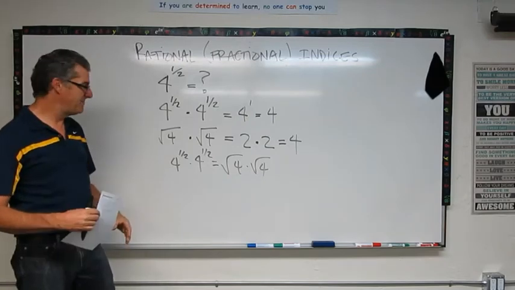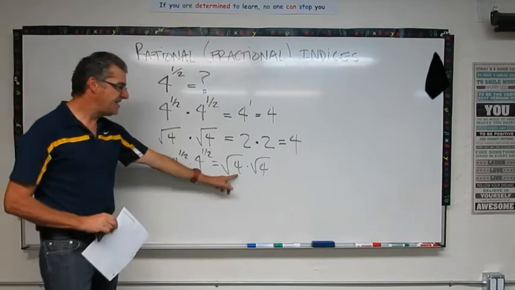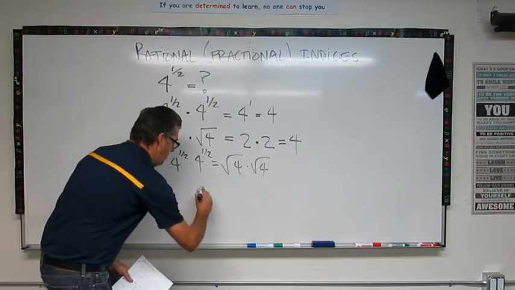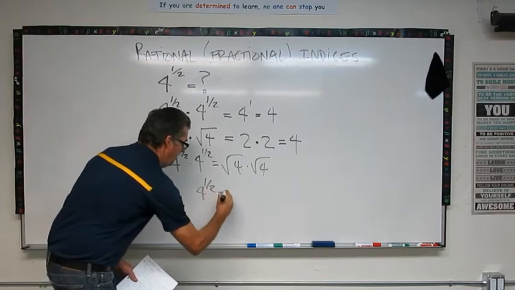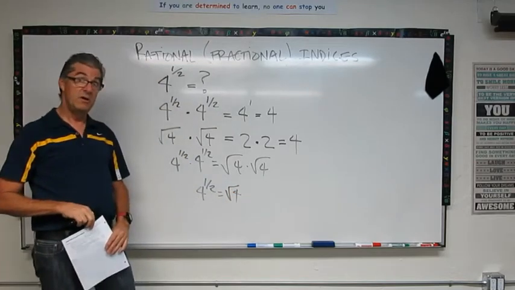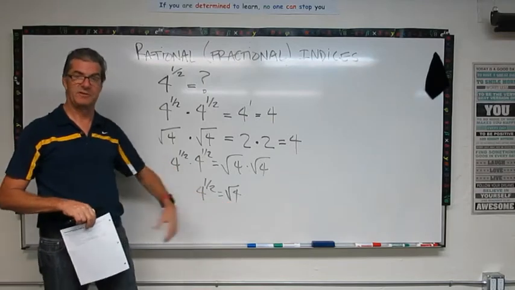Okay, let's see what you came up with. 4 to the 1/2 has to equal the square root of 4. So the 1/2 power is the same as the square root.